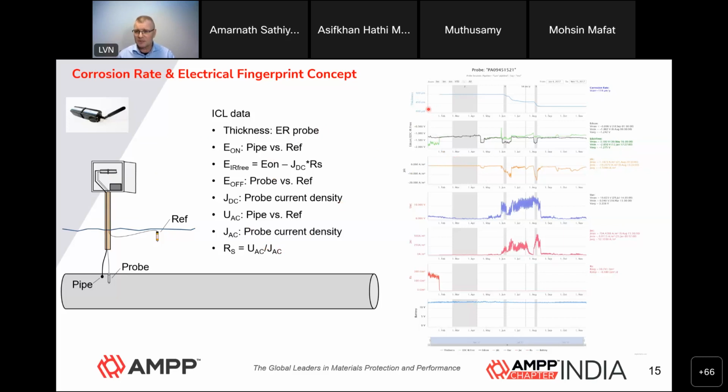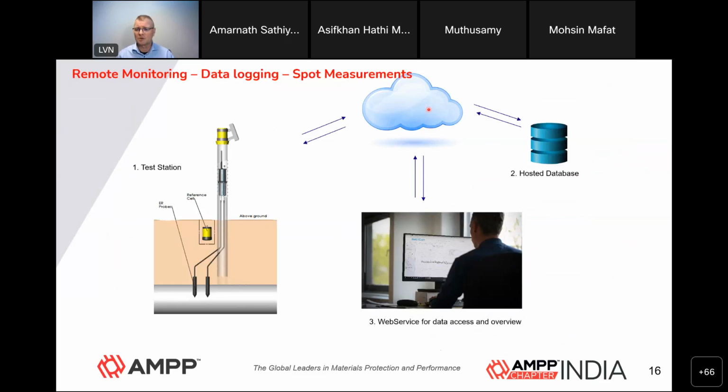And on that basis, you are very close to actually diagnosing what is the cause of this corrosion that you're seeing. Remote monitoring can be made, or you can make data logging or spot measurements.